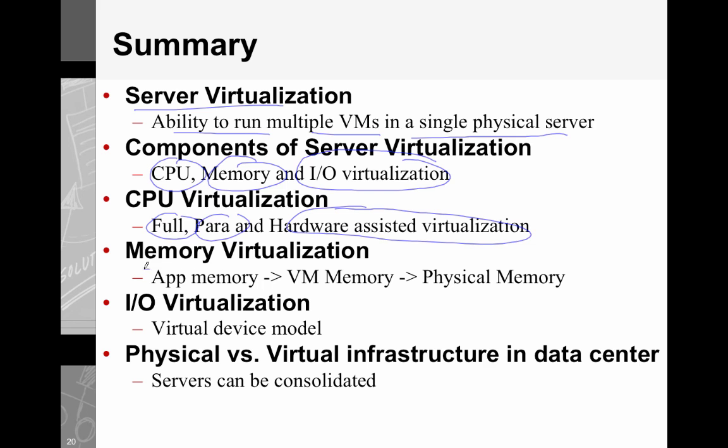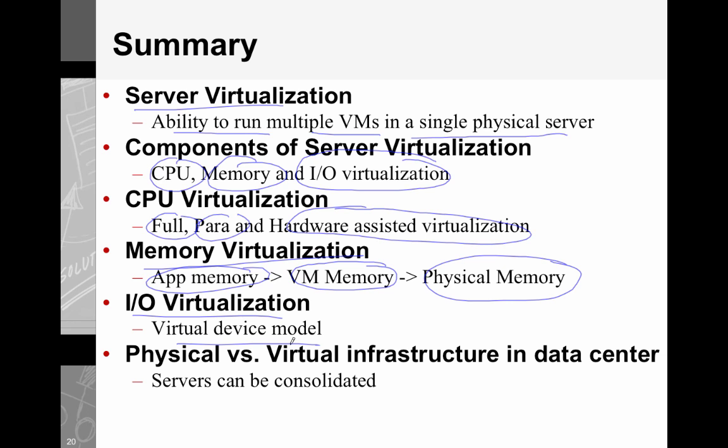There is also memory virtualization, which is the application memory being mapped to virtual machine memory, which is mapped to physical memory, which leads to what is called overcommitment or ballooning of memory. There is also I/O virtualization, which is virtualizing devices. Hardware may have several devices, USB device, it may have sound cards, it may have network cards.